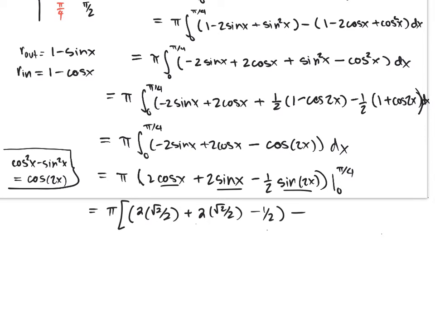When you plug 0 into cosine, what do you get? 1, so that's 2. Cosine of 0 is definitely 1. Sine of 0 is 0. Okay, so that's pi times how many root 2's? 2.